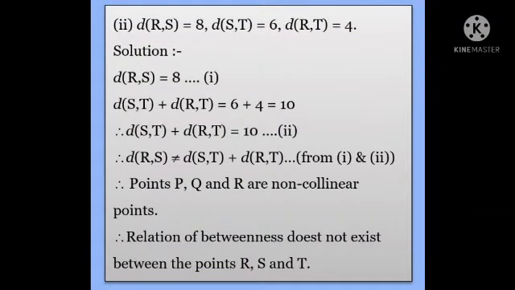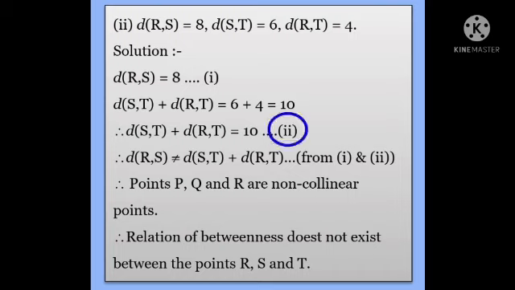Now the second question. Distance of R and S is equal to 8, distance of S and T is equal to 6, distance of R and T is equal to 4. Solution. Distance of R and S is equal to 8, mark it as equation 1. Distance of S and T plus distance of R and T is equal to 6 plus 4, which is equal to 10.